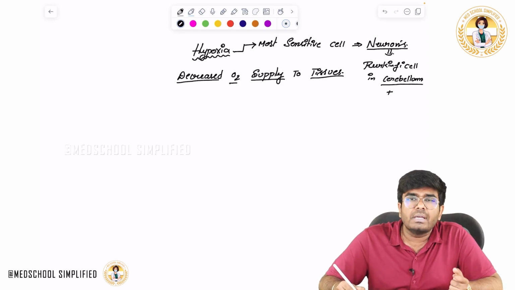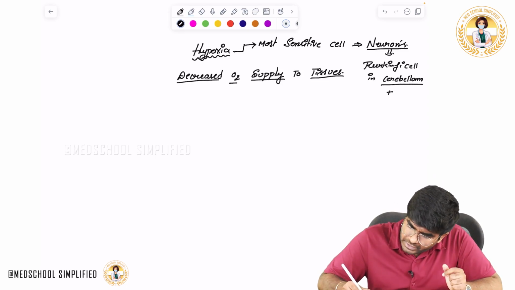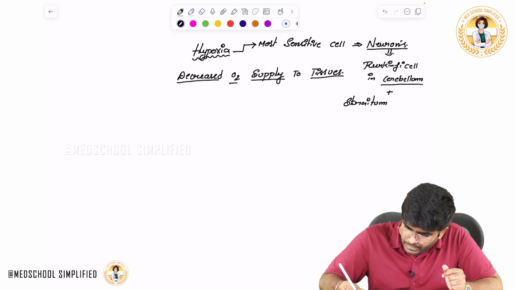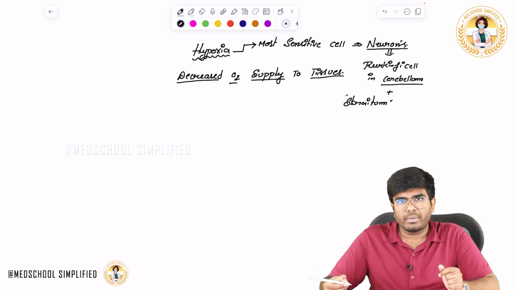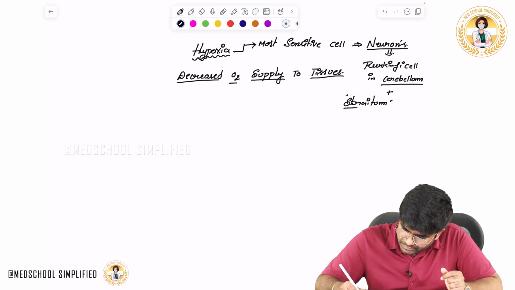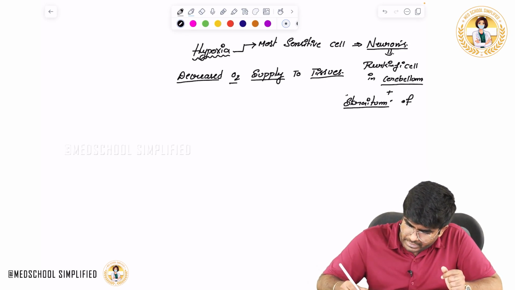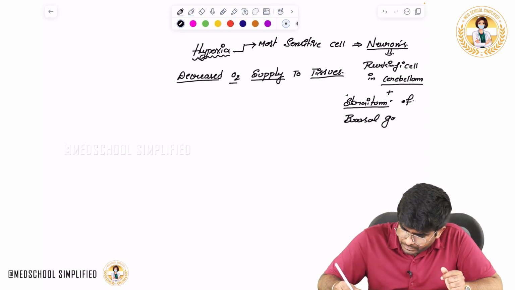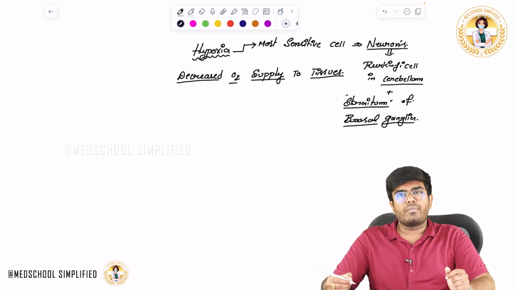Next, the striatum in the basal ganglia, the striatal region. Caudate plus putamen, the striatum of basal ganglia. These are the most sensitive structures for hypoxia.